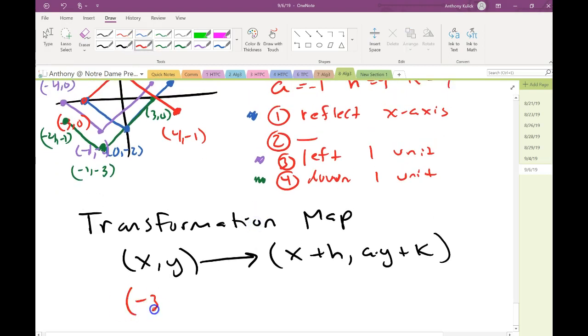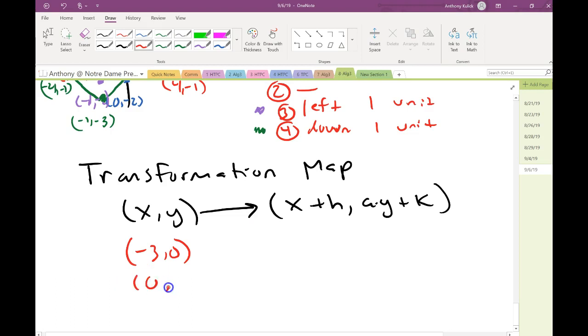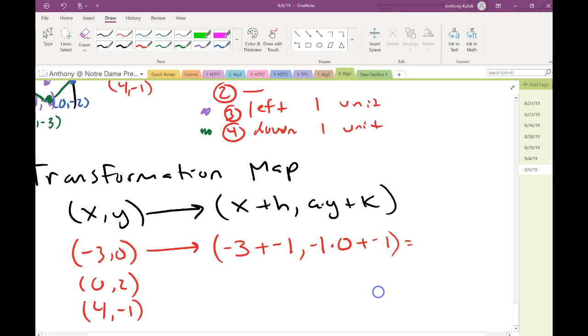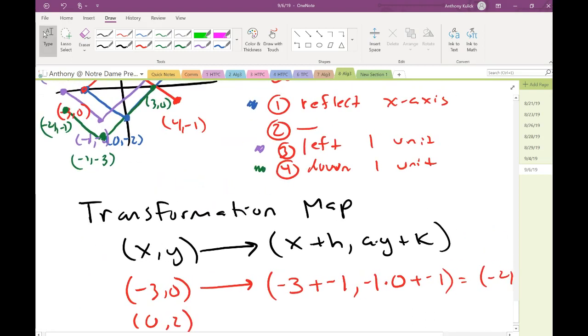So for example, if I start with my points from f of x that were given to me in red, the x coordinate is negative 3, my h is negative 1, my a was negative 1, the y coordinate is 0, and the k is negative 1. So when I do that, I get negative 4, negative 1, which if I look, is the resulting endpoint from our green graph.